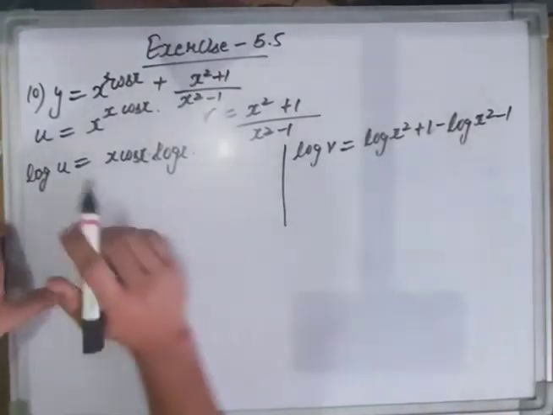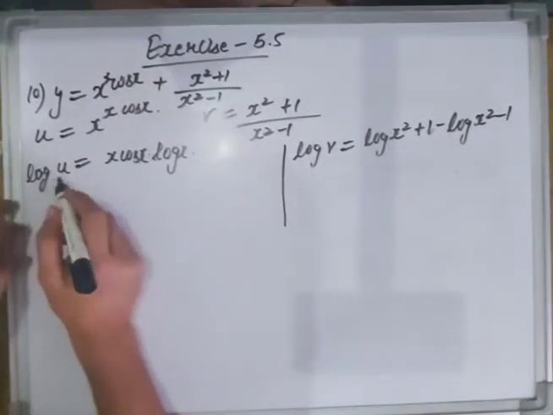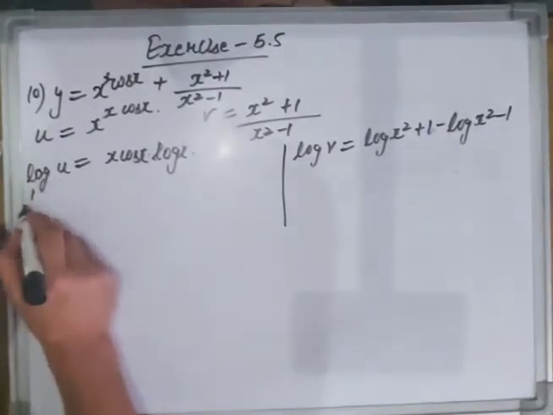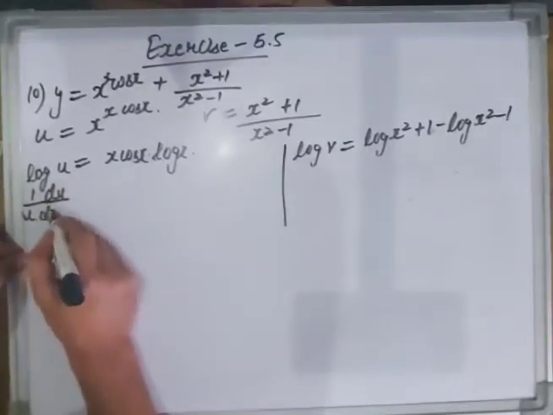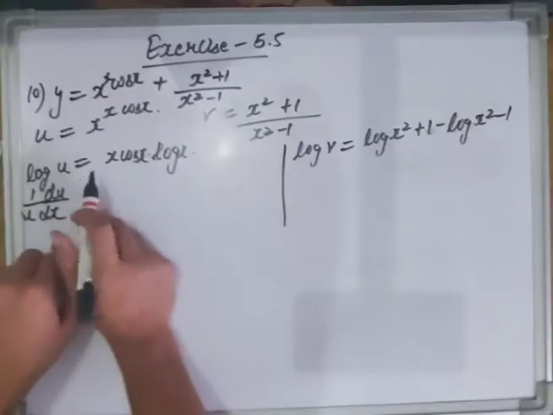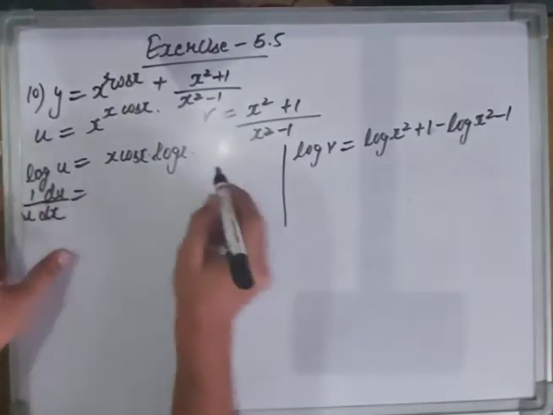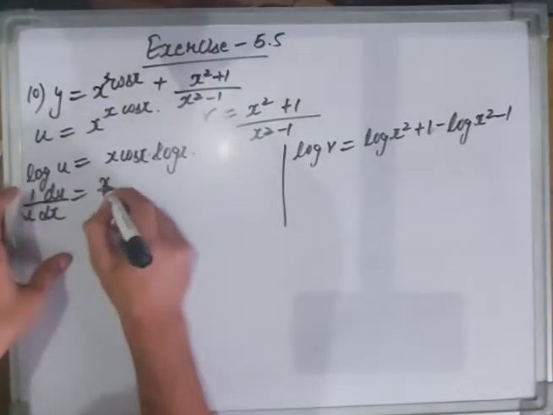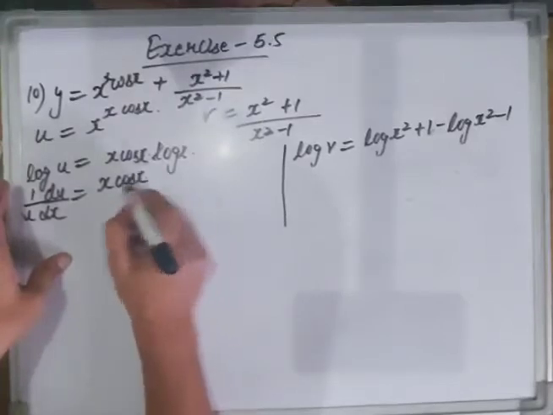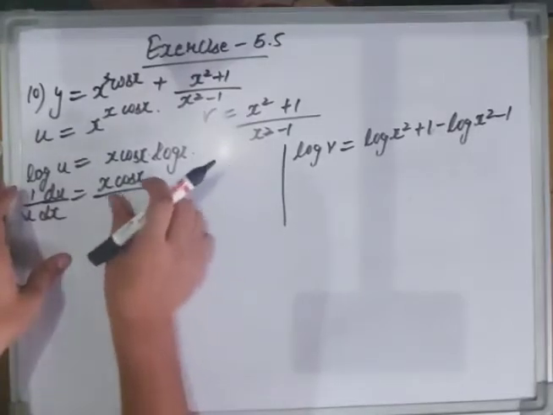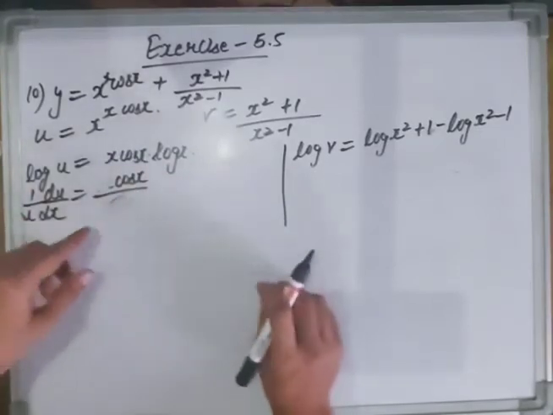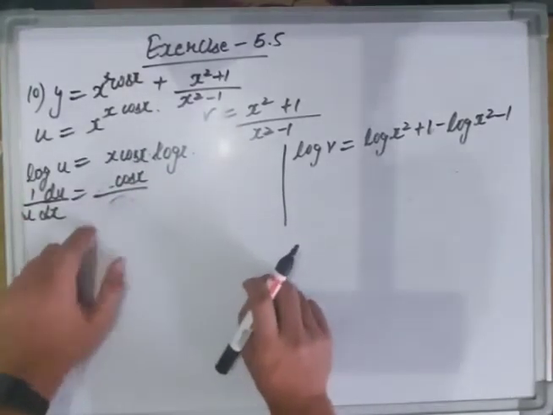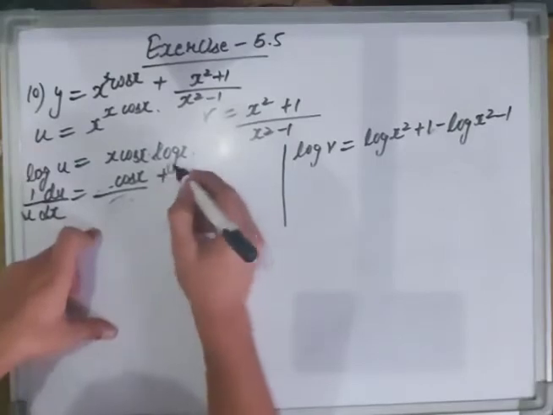So what is the differentiation of log u? Log u differentiation is 1 by u du upon dx, because we are differentiating with respect to x, and applying the product rule here we have x cos x upon x, which is only cos x.